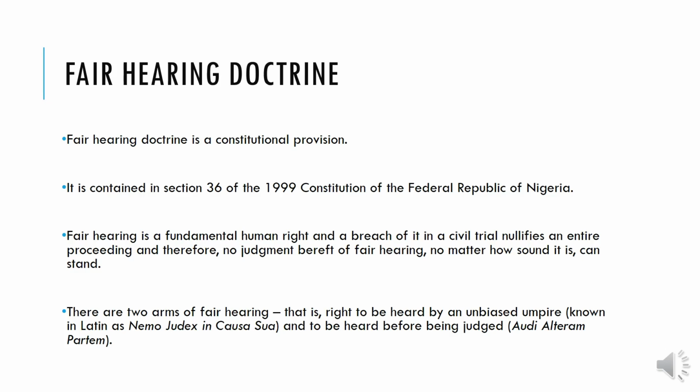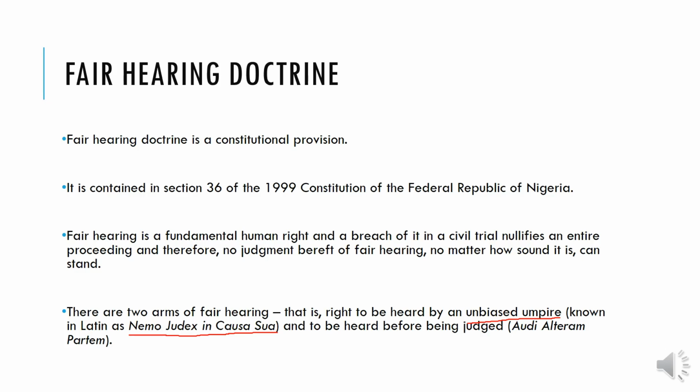And as I said, when we say a judge must be unbiased, he must not have any interest, must not be partial, and must not take sides. So, nemo judex in causa sua. You don't take sides, you don't get personally involved in the case.